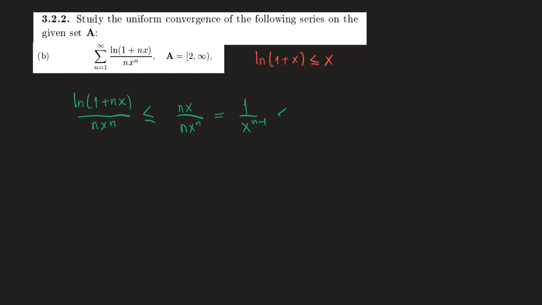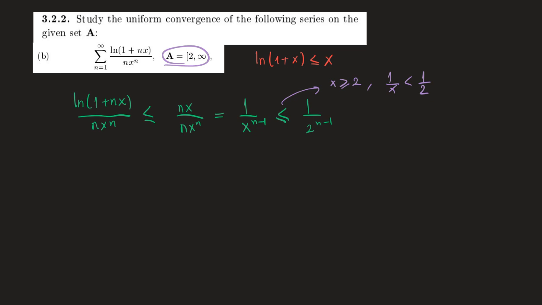So let me do it: 1 over 2 to the power n minus 1. Because x is always bigger than or equal to 2, if you flip this, 1 over x is less than 1 over 2. If you take the corresponding powers, you get this inequality. Maybe you can also put equality.